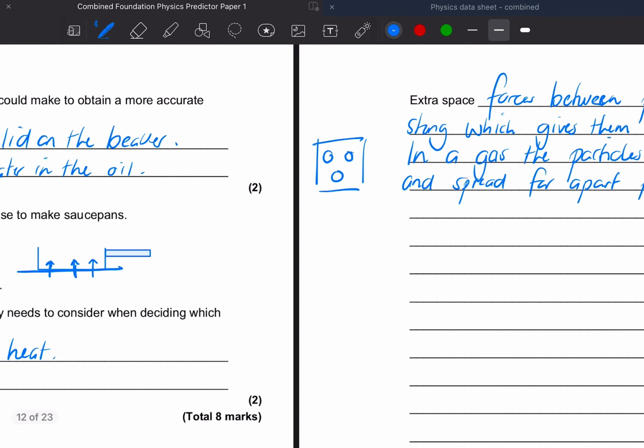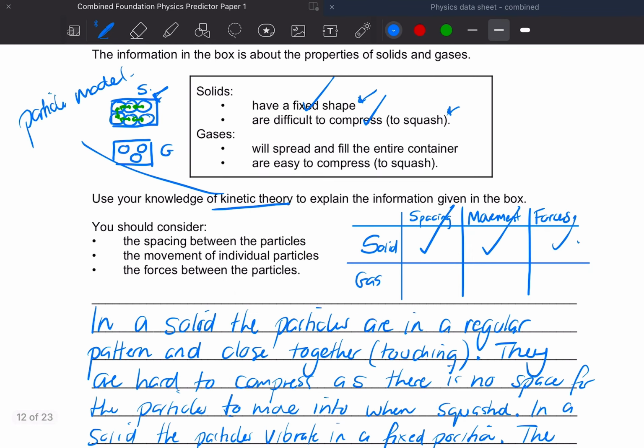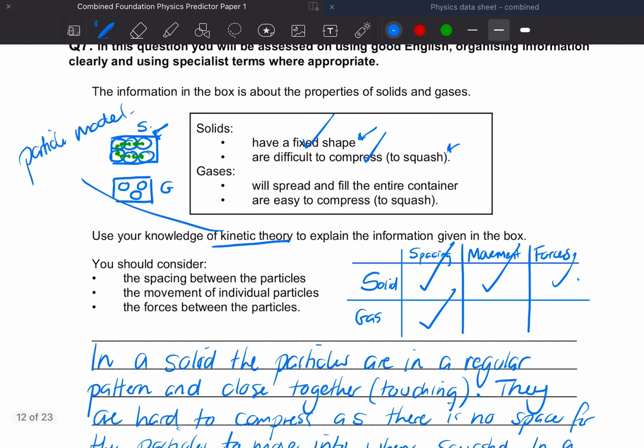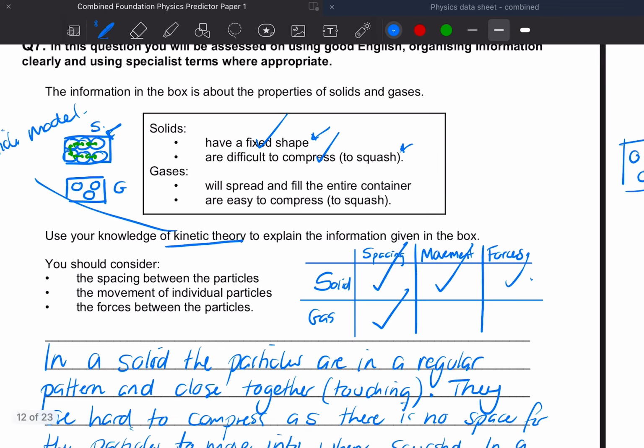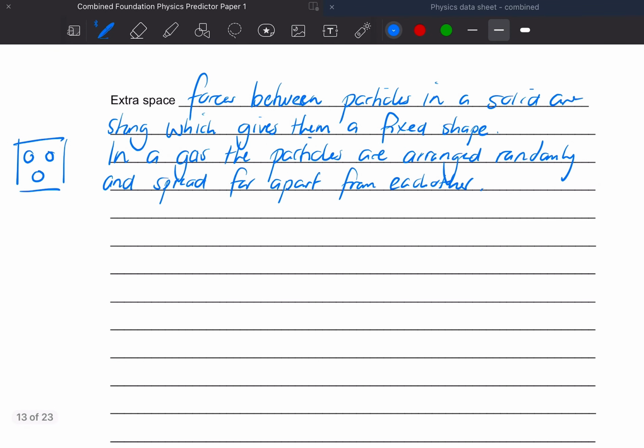Okay, so we have mentioned the spacing. Can we use that to explain why they will spread out? Yeah, actually we can, because they will spread out to fill the container. And can we explain why they're easy to compress? Well, yes, actually we can, because again, they can move into these spaces. So let's use that to explain why they're easy to compress.